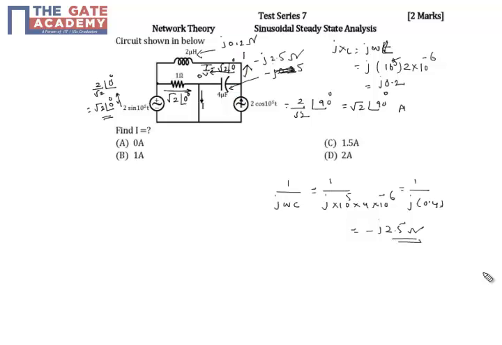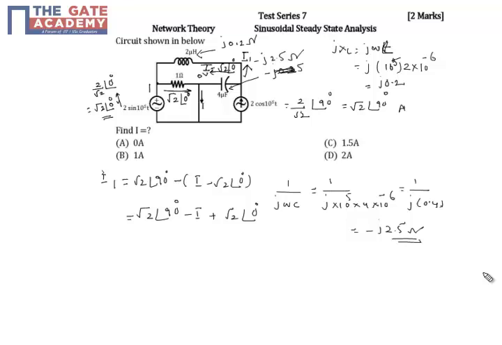I will give a name to this, I1, and calculate here. So I1 is nothing but root 2 at an angle of 90 minus I minus root 2 at an angle of 0 degrees. So this is equal to root 2 at an angle of 90 minus I plus root 2 at an angle of 0 degrees. So this is the current here.